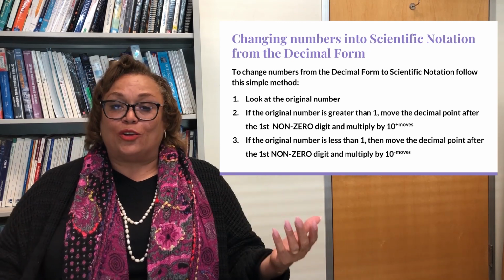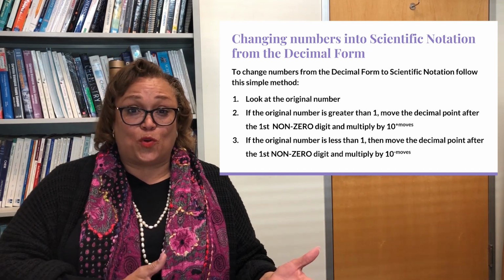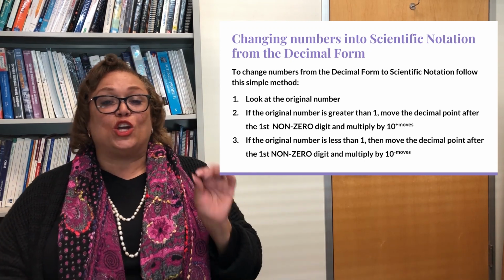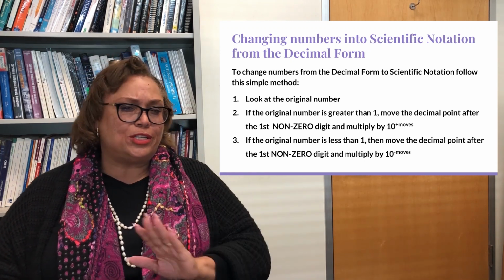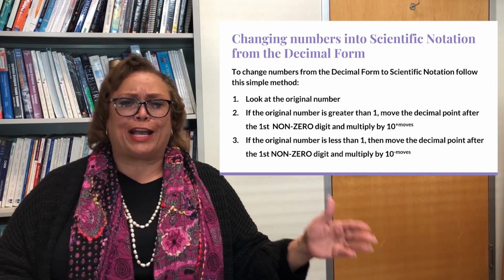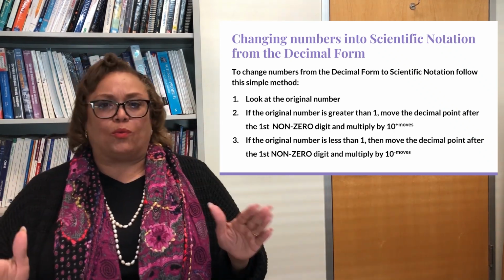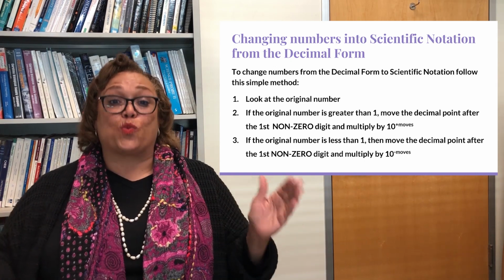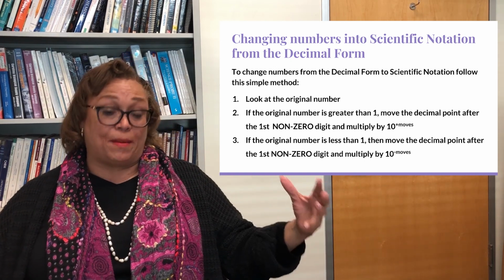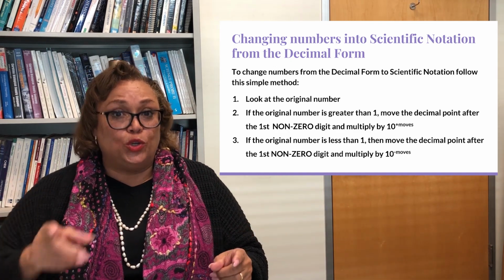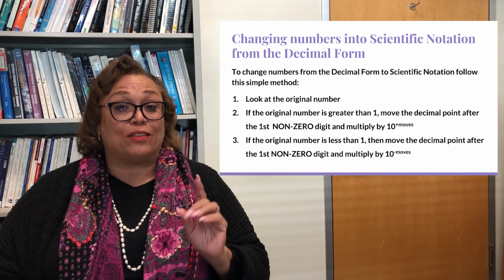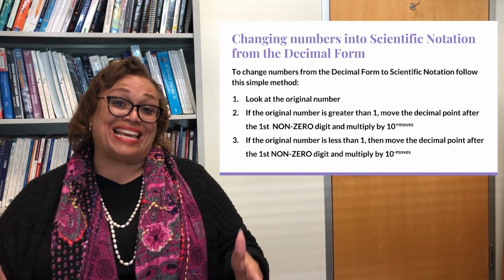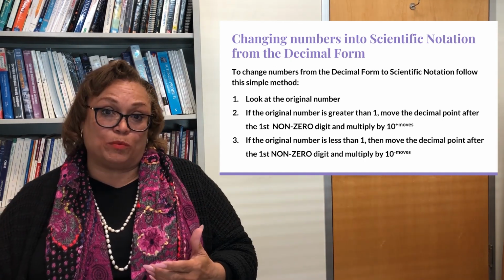So how do you change a number from decimal form to scientific notation? Easy. You're going to look at the original number. Don't sit there and say, oh, if I go left, I have to do this, and if I go right, I have to do that. No. Look at the original number. If the original number is greater than 1, a big old number, then move that decimal point behind the first non-zero digit and multiply it by 10 to the positive moves.